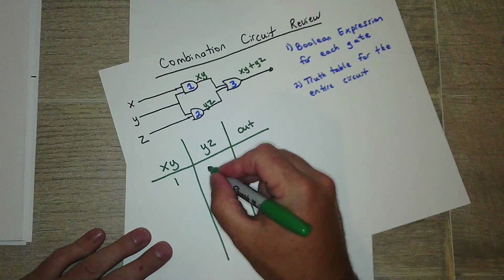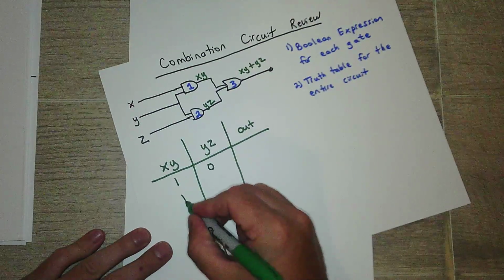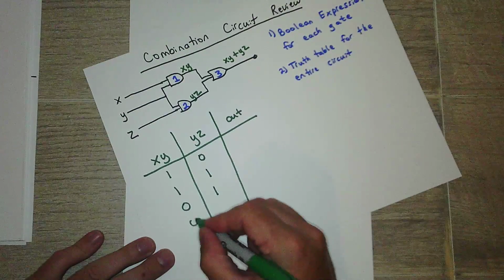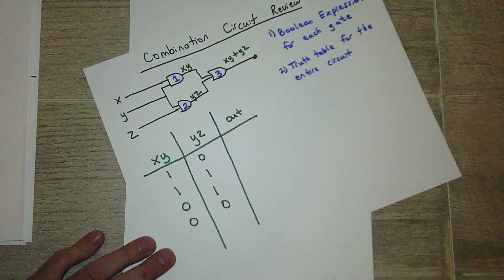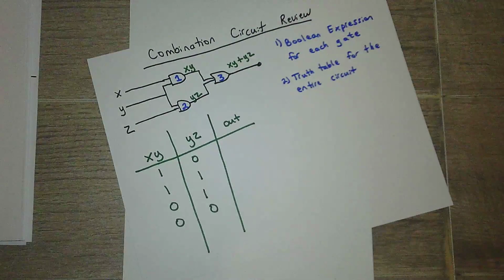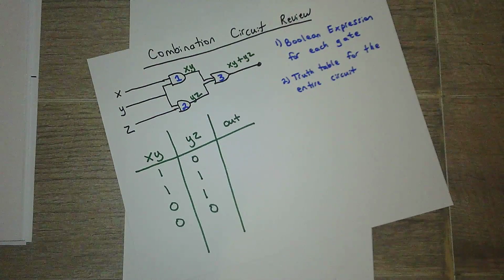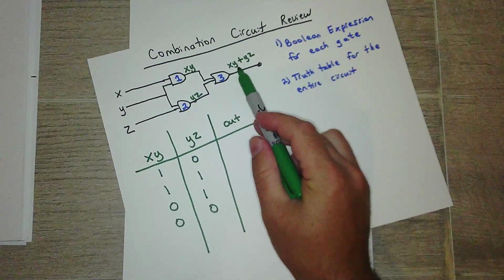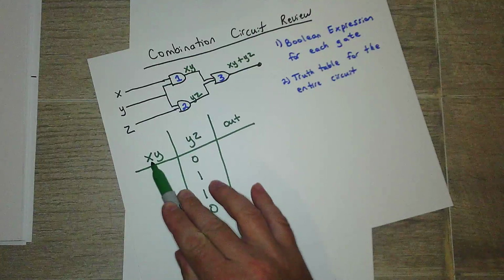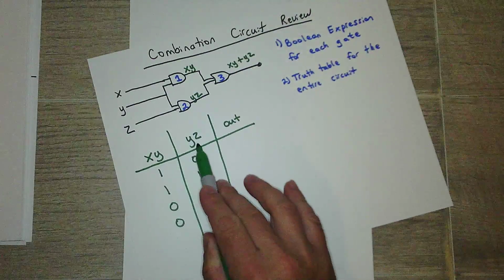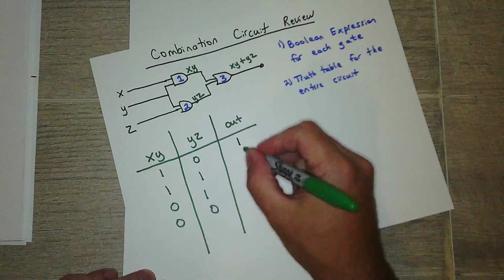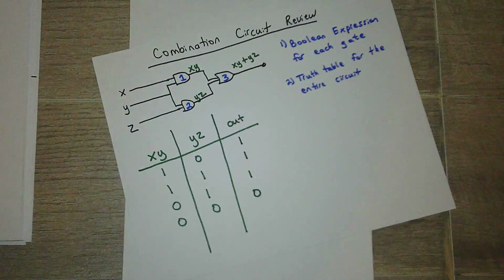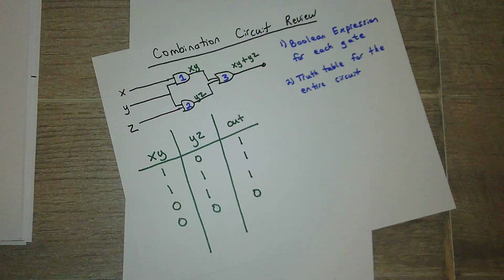Okay, so 1, 0, 1, 1, 0, 1, and 0, 0. The out gate is an OR, so it's when this one or this one is on. So on, off. Just like any typical OR gate with 2 inputs.